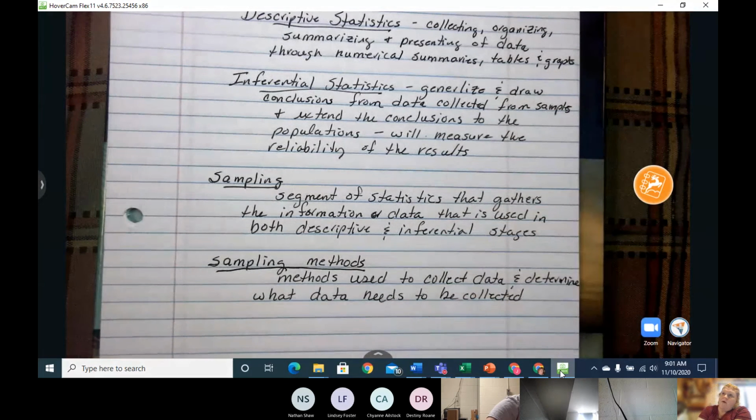But not only is it used to collect it, but it's also part of deciding what needs to be collected.